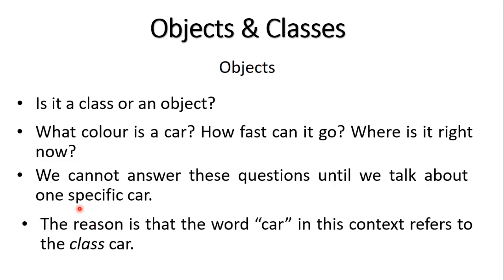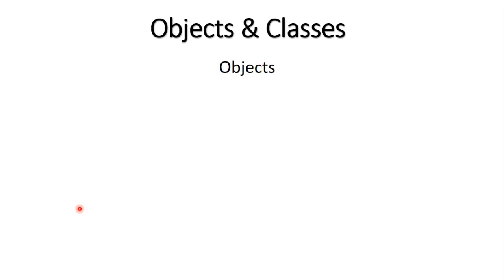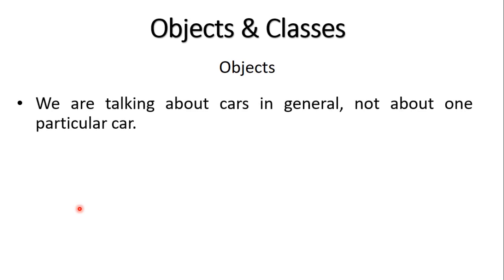And the reason is that the word car in this context refers to the class car. There are many cars in traffic, right? So that comes under class. We are talking about cars in general, not about one particular car.